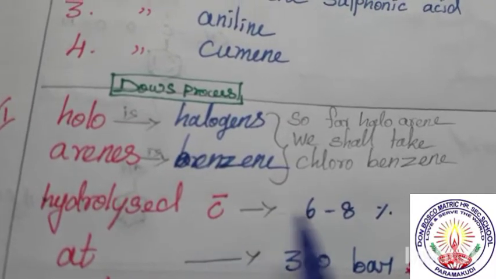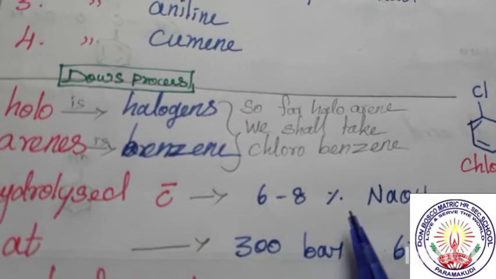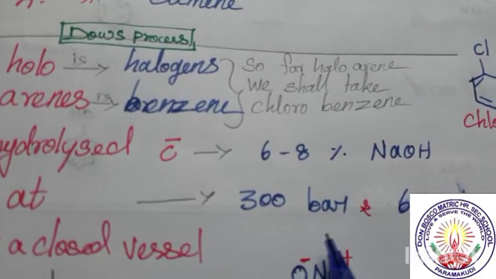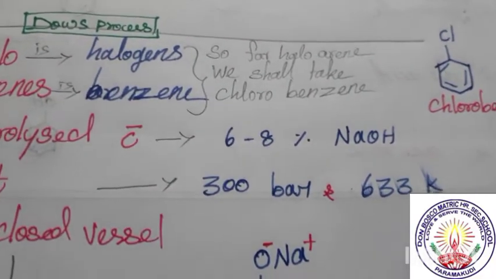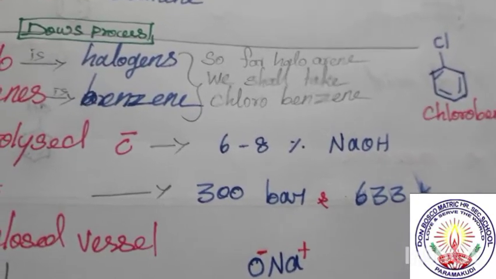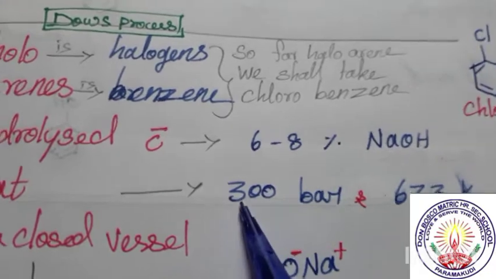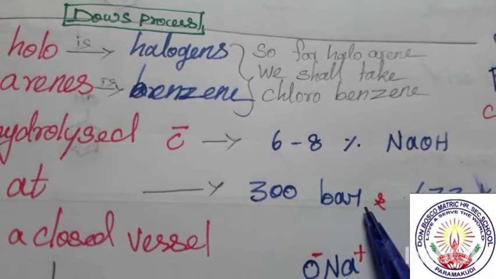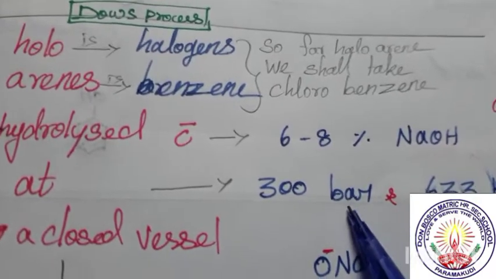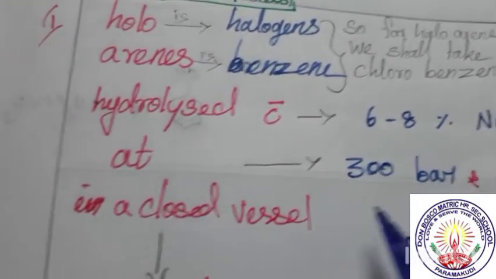This chlorobenzene is hydrolyzed with 6 to 8% sodium hydroxide, at 300 bar and 633 Kelvin. We know what is Kelvin. Kelvin is the measure of temperature, and bar is nothing but the measurement of pressure. Pressure அளக்கக்கூடிய ஒரு அளவு தான் bar.